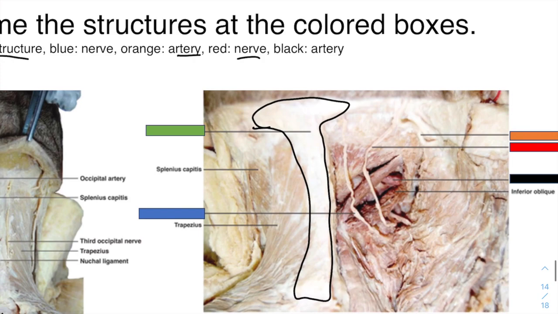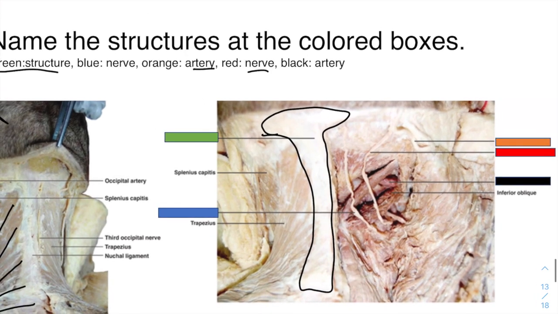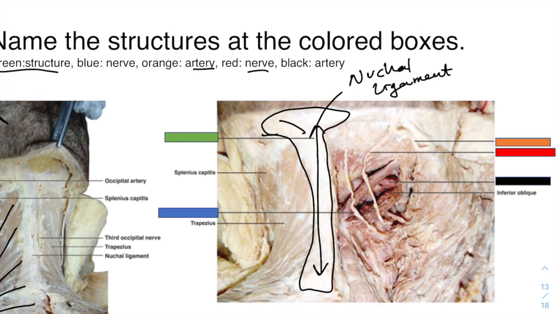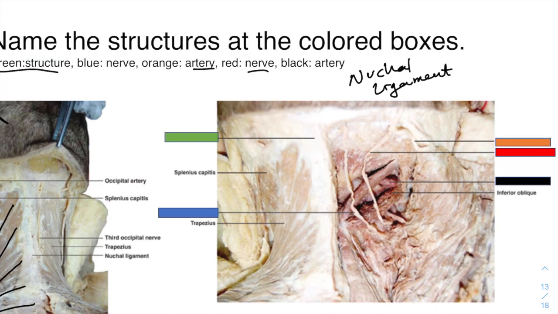So in green, this structure is going to be the nuchal ligament, as I said previously. That's the first one, that thick band of connective tissue running down the midline of the neck. You can see this is the midline, and it's running completely up and down, and it starts to spread out on the top of the head. So that first one would be your nuchal ligament.